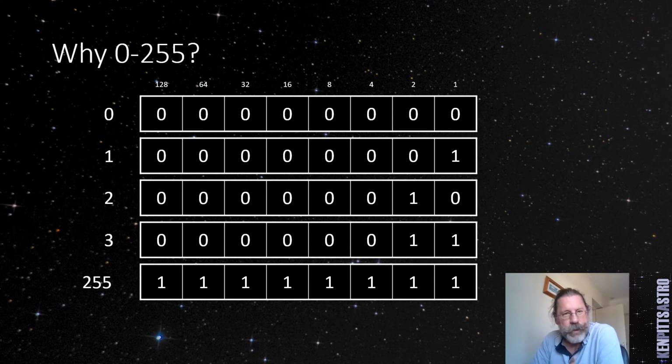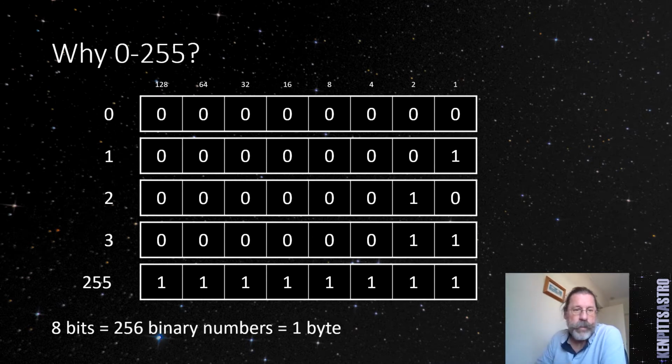That represents all the possible combinations that you can have with 8 zeros and ones in a box. And as you probably know, 8 bits make 1 byte, and you will have heard the term byte, no doubt. And it represents 256 possible binary numbers. That's 0 all the way to 255.